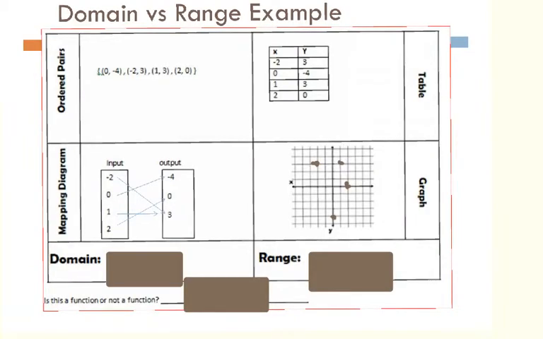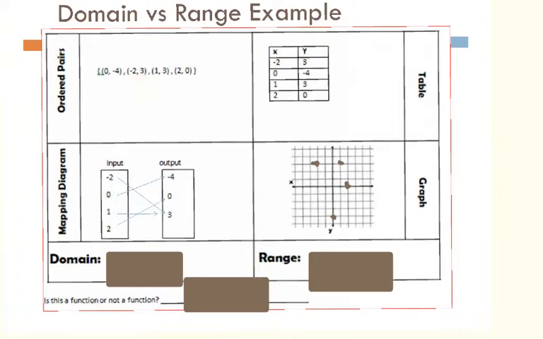When you're asked to find the domain and range of a relation or function, you could be asked to find it from a set of ordered pairs, a table, a mapping diagram, or a graph. And this is the same relation represented all 4 different ways. So if you look, the point (0, -4), here it is on the table, here it is on the mapping diagram, and here it is on the graph.